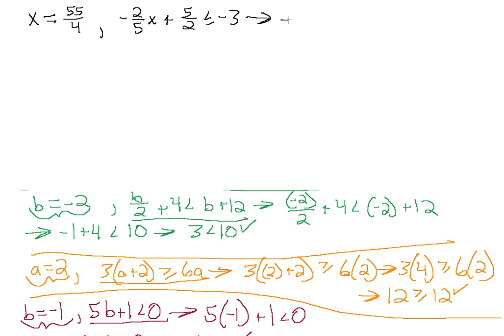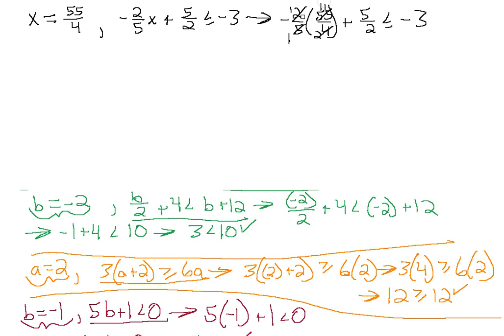So we have minus 2 over 5, substituting in for x, 55 over 4, plus 5 over 2 is less than or equal to minus 3. Now a little simplification will do us some justice here. We factor out a 2 from these two terms and a 5 from these two terms, so we have 11 right here.